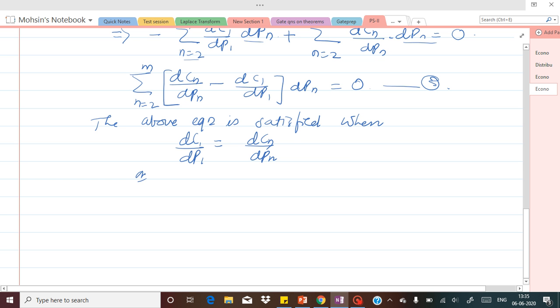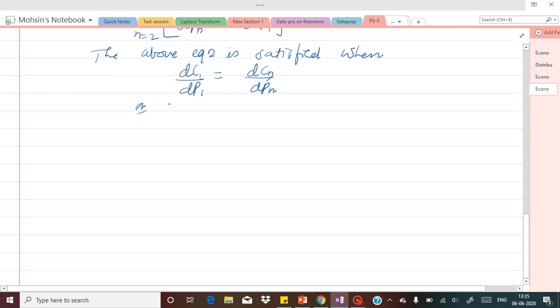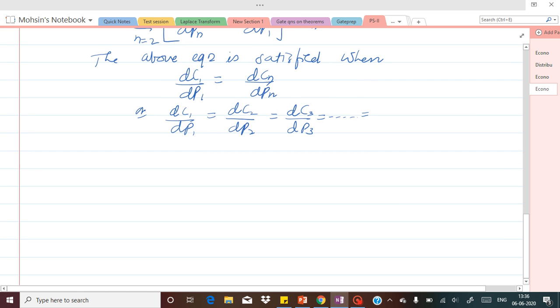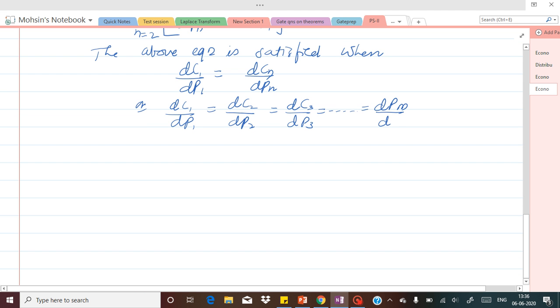What we mean by that is dc1 by dp1 will be equal to, n can be 2 to any term up to m, so it can be equal to dc2 by dp2, or it can also be equal to dc3 by dp3, or so on, it can be equal to dcm by dpm.